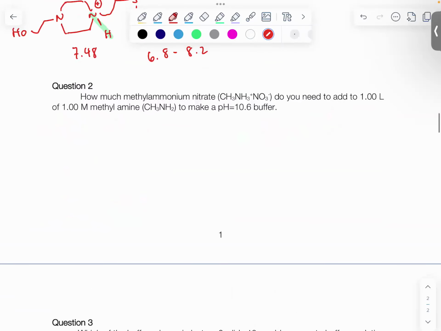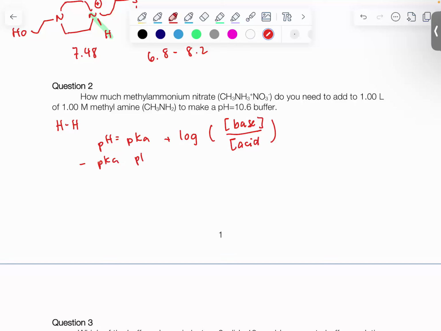Question 2. We kind of got into this one a little bit already. But this one, we're going to use the Henderson-Hasselbalch equation, which is the pH is equal to the pKa plus the log of the concentration of the base over the concentration of the acid. Because we're dealing with a buffer, the pH and the pKa are about the same.